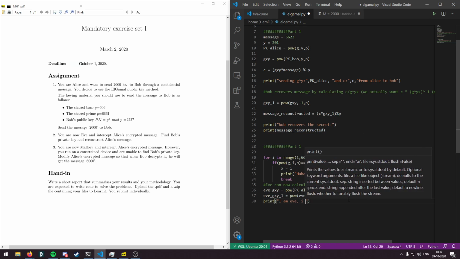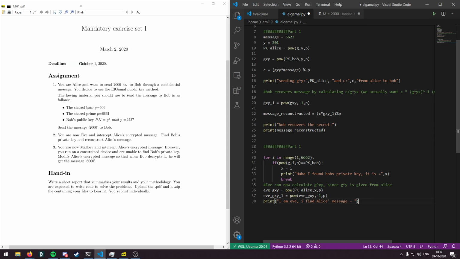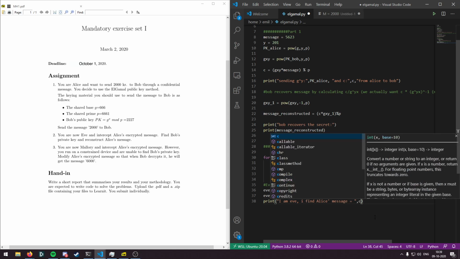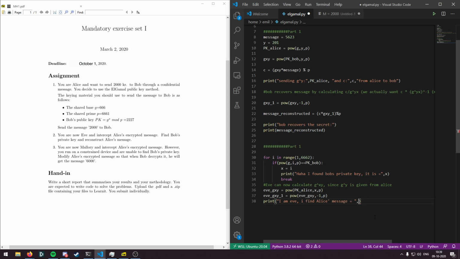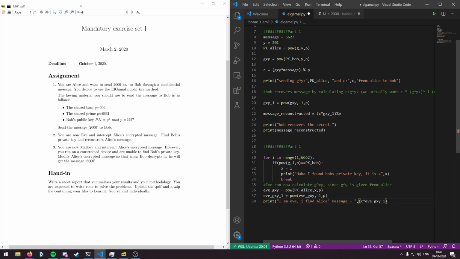I am Eve. I find Alice's message to be, and let's put this here, C times, because we observe the C, let's put it like the C times Eve gxy minus 1, we multiply with our multiplicative inverse, and like so.